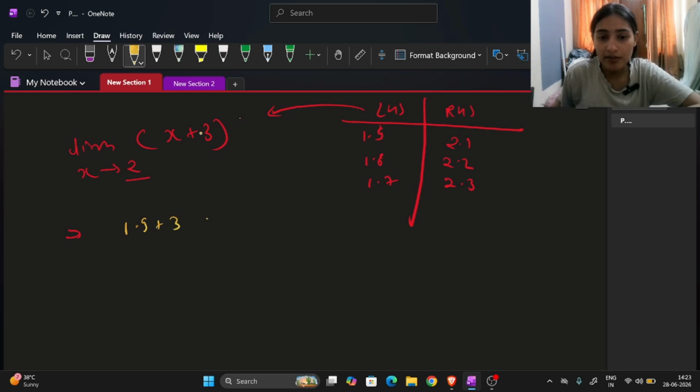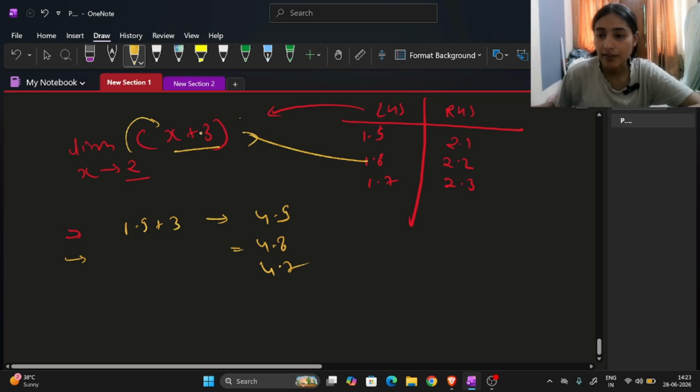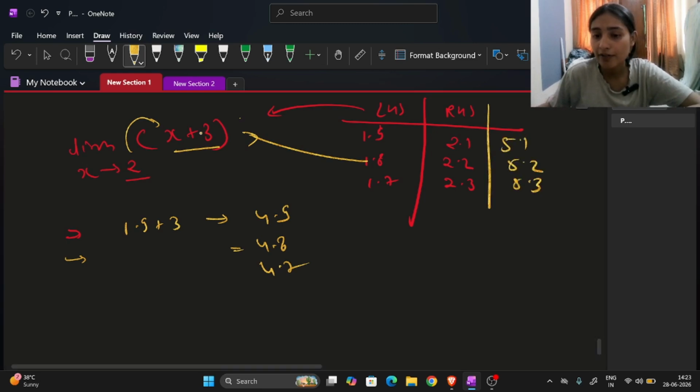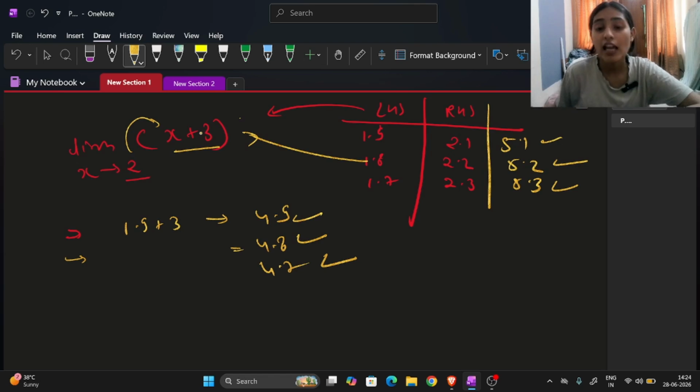1.9 plus 3 equals 4.9, which is closer to 5. Our real answer should be 5, so it is closer to 5. Now 1.8 gives 4.8, and 1.7 gives 4.7. And on the RHS, it is 5.1, 5.2 and 5.3. Now 4.9, 4.8, 4.7, 5.1, 5.2, 5.3 are all closer to 5.